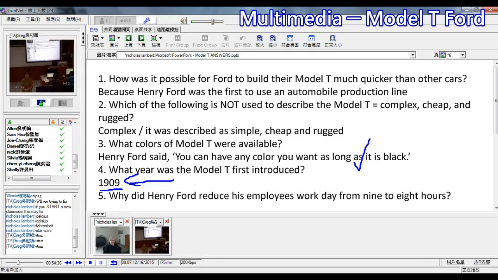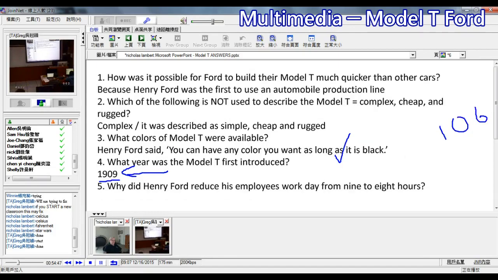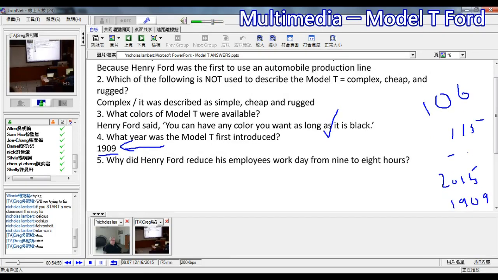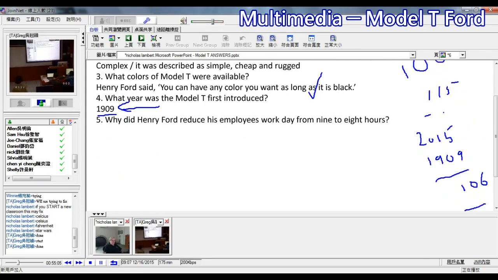One hundred and... 106 years. Yeah, 106 is the way we say it. Okay. Now, why did Henry Ford reduce his employees' day to 8 hours?